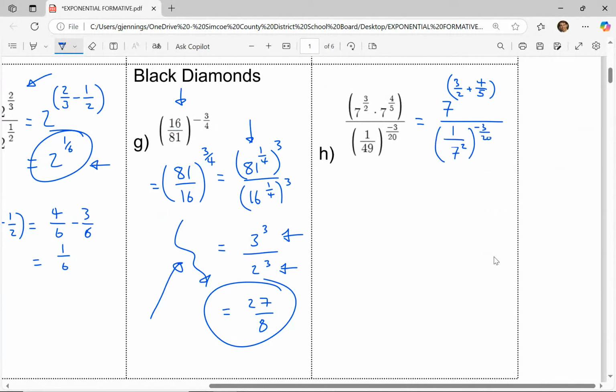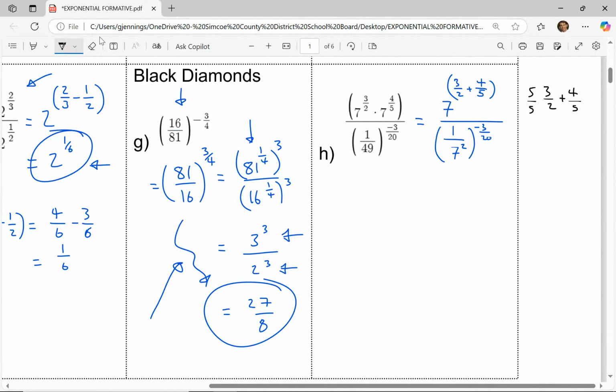Okay, in these cases, we will multiply those exponents, right? So let's do the fraction addition first. Let's just do that in another color as a bit of rough work on the side. 3/2 plus 4/5. Here we multiply top and bottom by 5. Here we multiply top and bottom by 2.